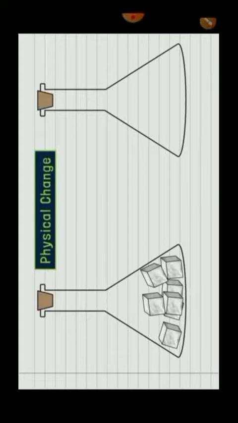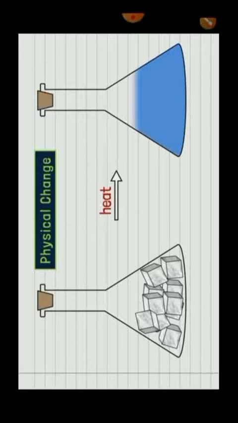Example: suppose we see the example of a physical change. Suppose in a conical flask we take 250 gram of ice cubes and this conical flask is heated. After heating, we will observe that the ice cubes melt into water and the mass of the water is 250 gram.